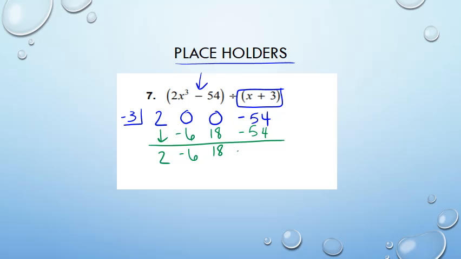So that will give me negative 108. Ooh, that stinks. Okay, again, that is your remainder. So to write the final answer, it will be 2x squared minus 6x plus 18 minus 108 over x plus 3.